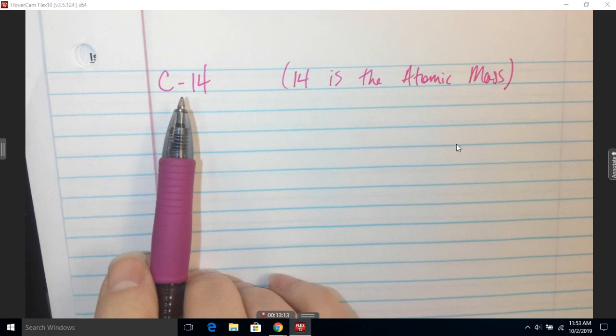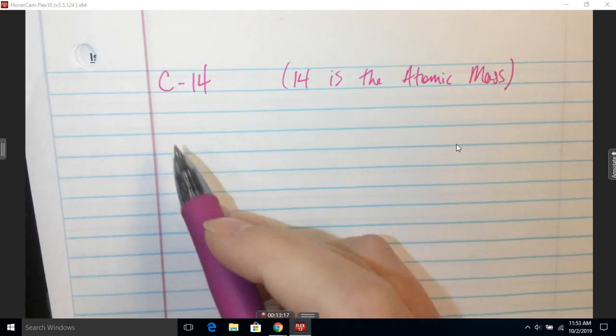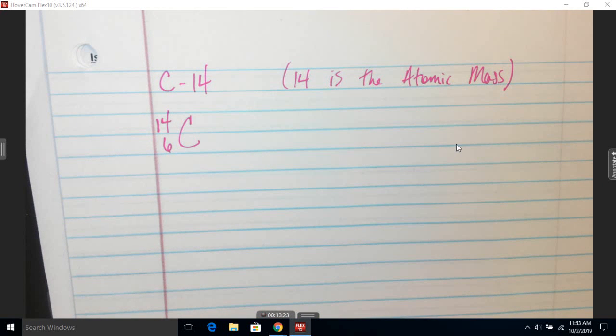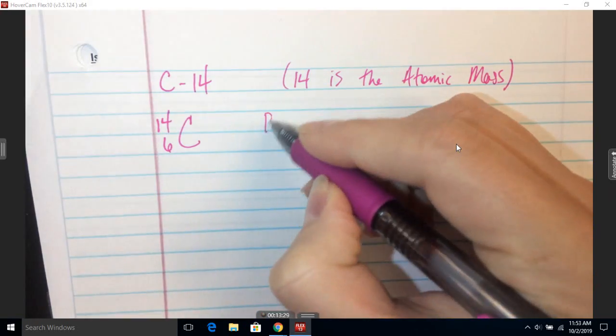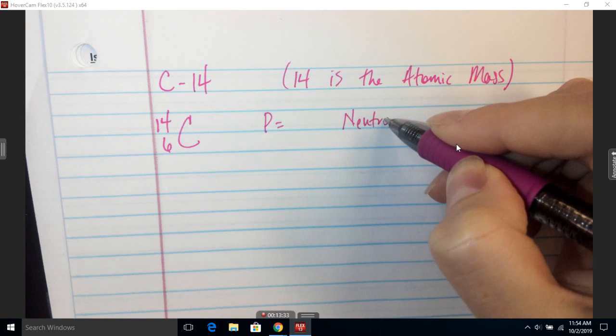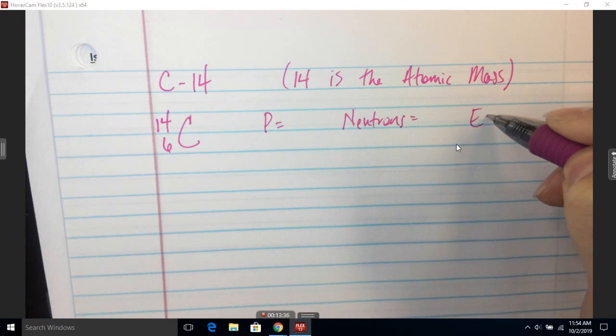Okay? This is not actually isotope notation. This is isotope notation. Okay? So from this notation, I can tell the protons, the neutrons, and electrons.